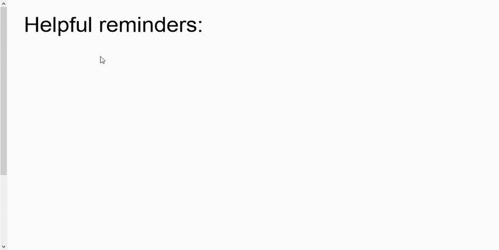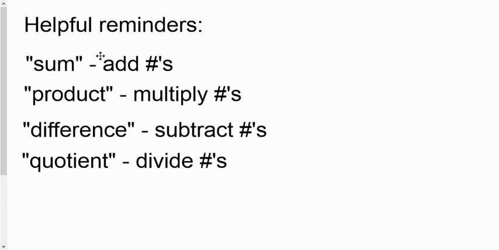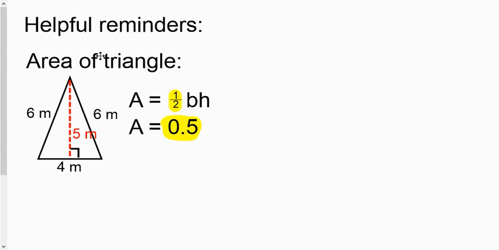Okay. Couple of hints. Sum is add, product would mean multiply, difference would be subtract, and quotient would mean divide. If they ask you for the area of a triangle, remember it uses this formula. One way that you can type in 1/2 in your calculator very easily is type in 0.5. The base of a triangle, well, that has to hit the height at 90 degrees.